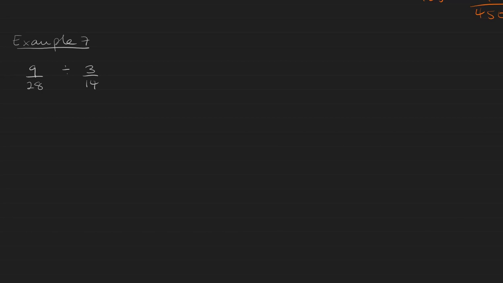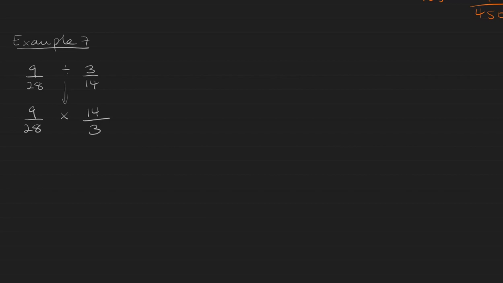And to do this, it's the same kind of operations as before. So what you would do is you would first rewrite the entire fraction. So we'll rewrite it 9 divided by 28. And then we change this division to a multiplication sign. And then we invert the last fraction. So we end up with something like that.